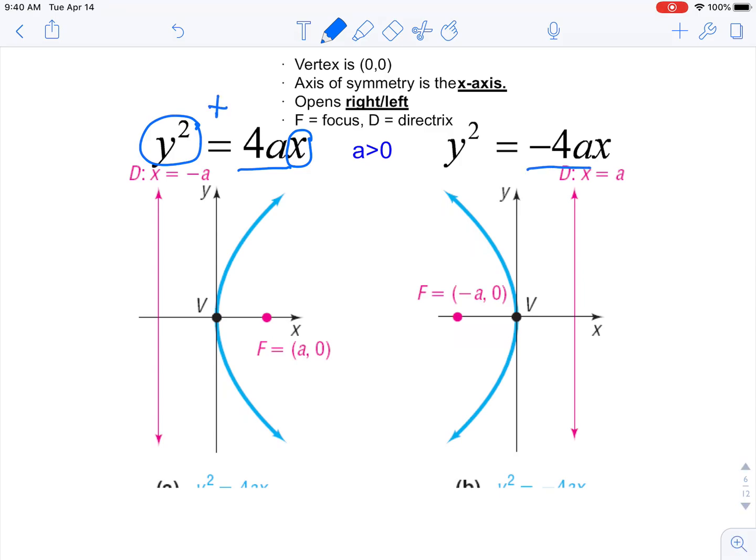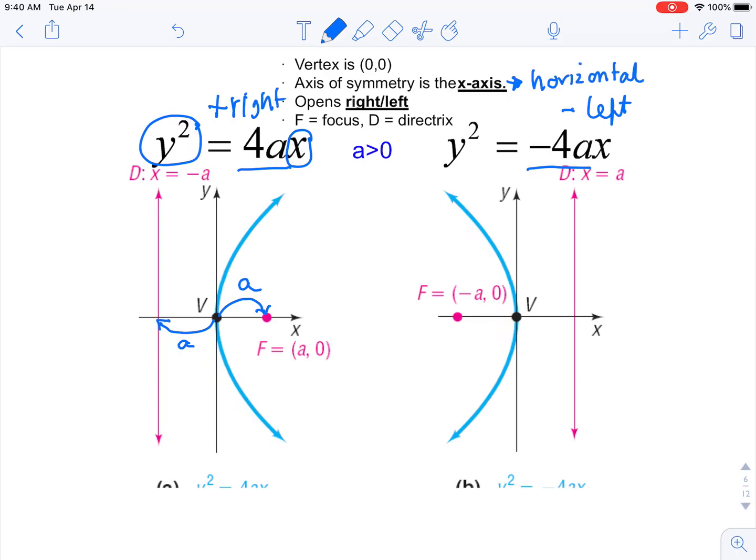If it's positive, it opens to the right. If it's negative, it opens to the left. That a value is still the distance from the vertex to the focus and from the vertex to the directrix. That's still going to be our a value. When our graph opens left and right, it's important to note that the axis of symmetry will always be horizontal.